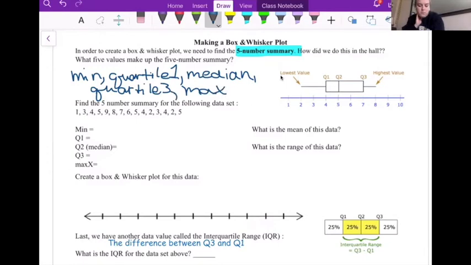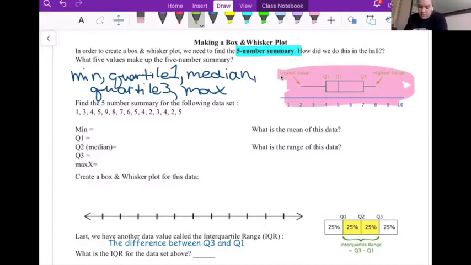So if we line up these numbers, this is what a box and whisker plot should look like. This one up here does not go with this data, just so you know. It looks kind of similar, but it doesn't go with it. So I'm going to line up my data points in order.